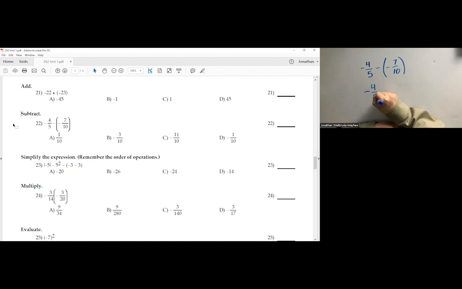Negative 4/5 plus 7/10. We need to know which one's bigger, 4/5 or 7/10. So we need a common denominator so we can compare them. We would need that common denominator to add these together anyway.